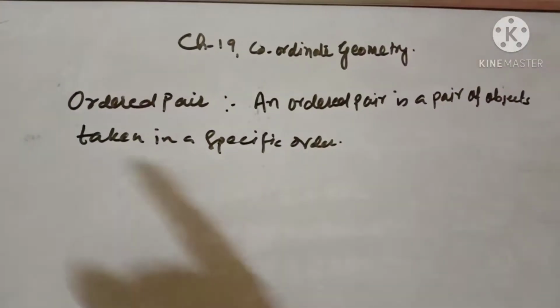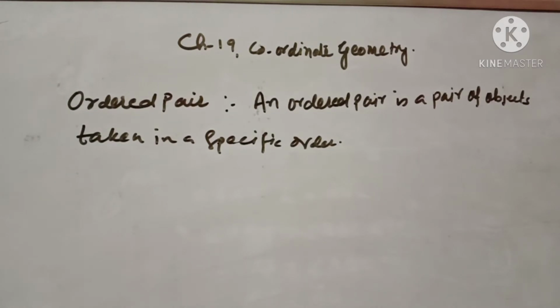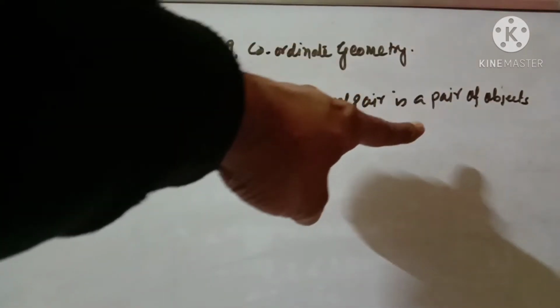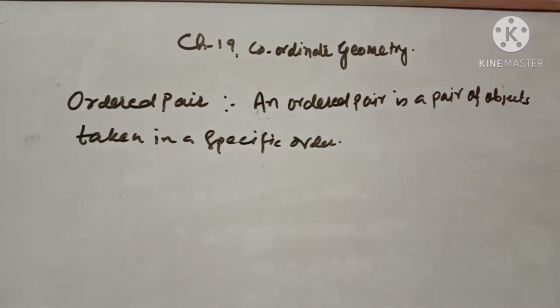Now, chapter 19, coordinate geometry. First of all, we know what we mean by ordered pair. We have already studied it in standard 8, a little bit of introduction. An ordered pair is a pair of objects taken in a specific order. An ordered pair is written by listing its two members in a specific order, separating them by a comma and enclosing the pair in parentheses.